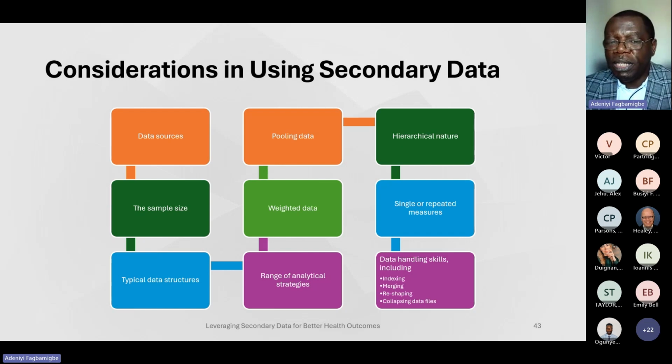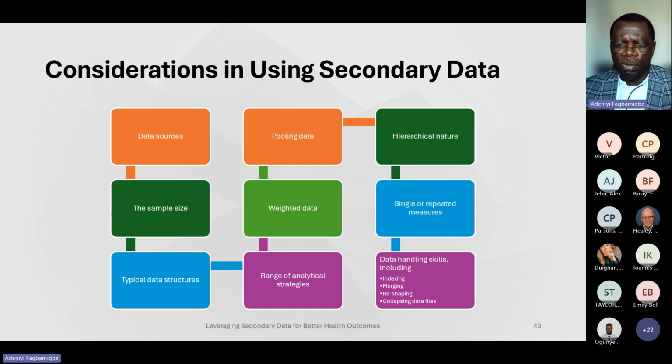And of course, do you need to pool the data from the different sources? Another big issue is the hierarchical nature. For example, if you have first selected countries, let me say nations within the UK, and later on you select different areas, maybe Midlands, London, Southern England, and later you zero in on the council before you zero in on the postcode.